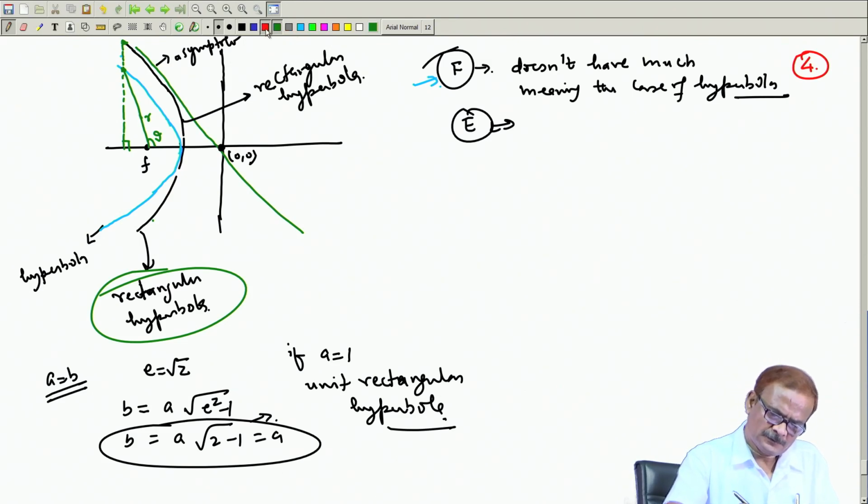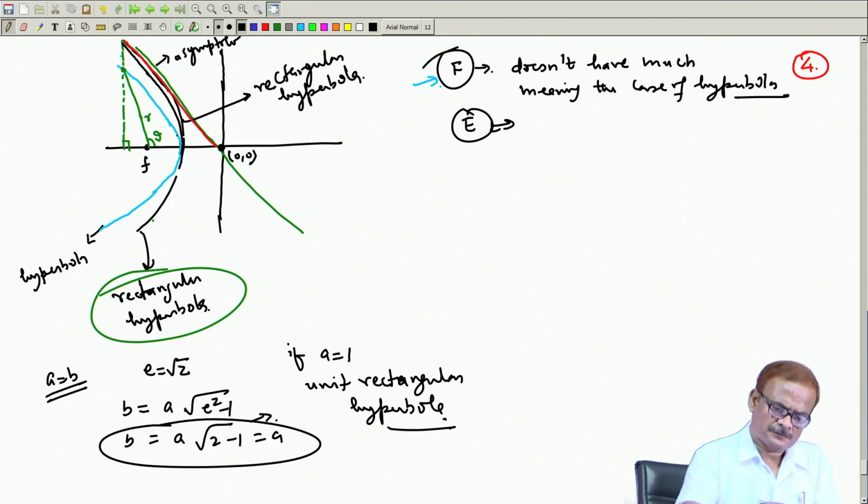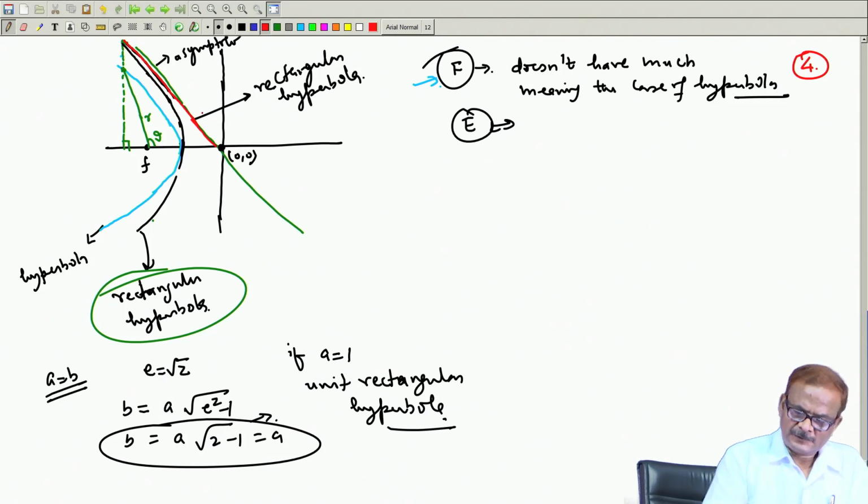Now, join here, this is not a very good figure. Okay. Rectangular hyperbola, again I will redraw it, it looks something like this. So, the asymptote is different, so I will remove the asymptote.